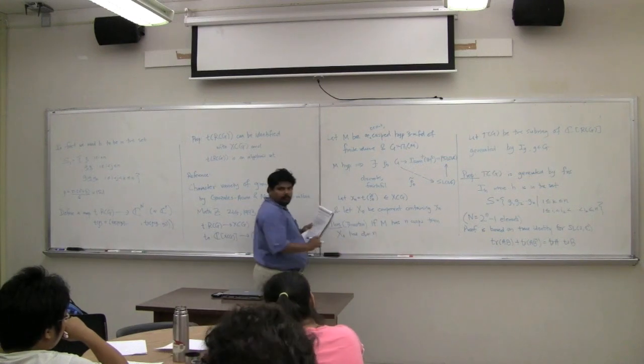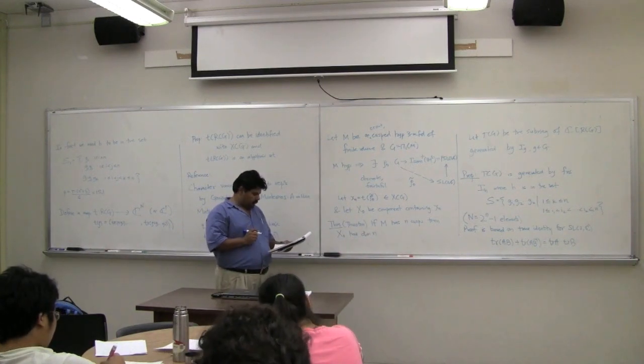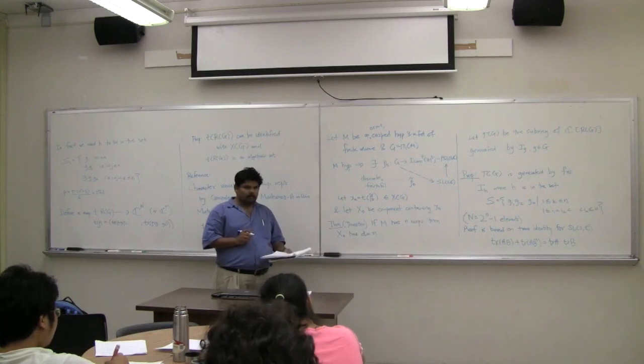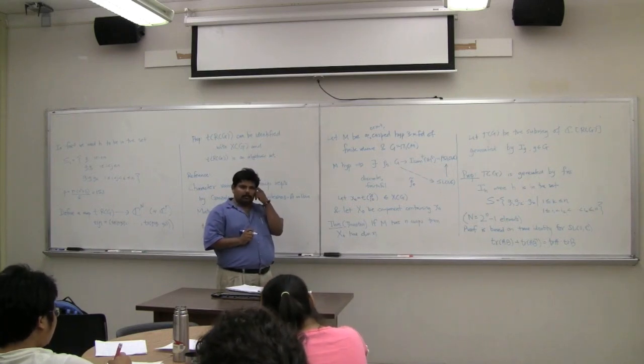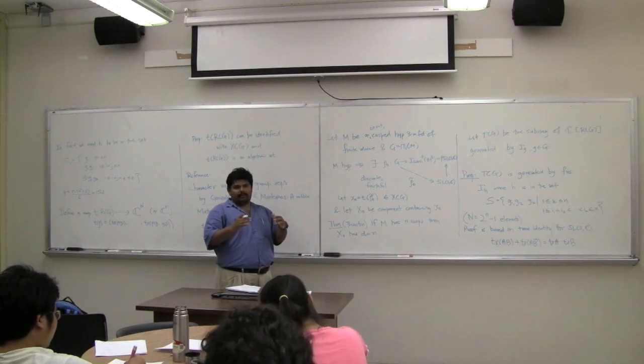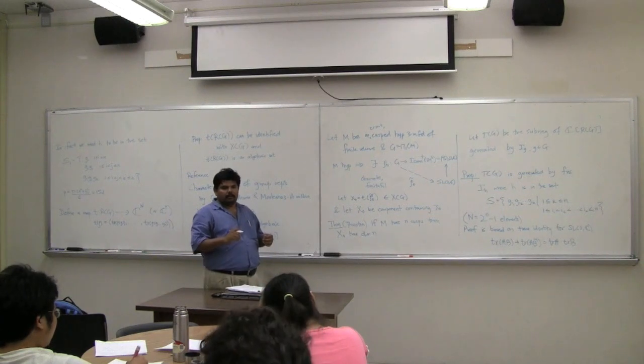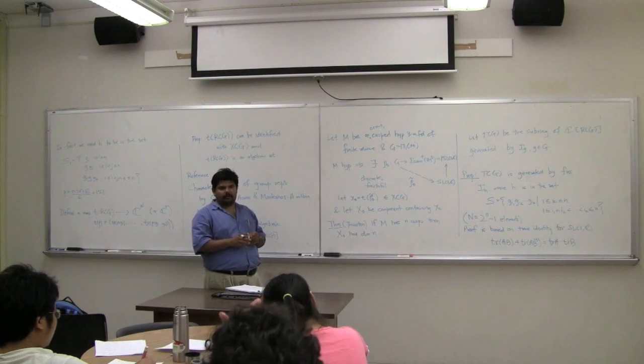Abhijit, I have a question. Big X naught is some component of this algebraic variety. Components of algebraic varieties are not necessarily disjoint. Are they disjoint? No, not necessarily. So how do we know that big X naught is well defined? Take any component.